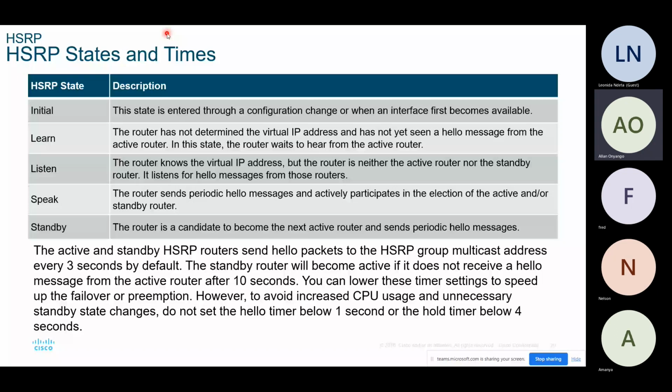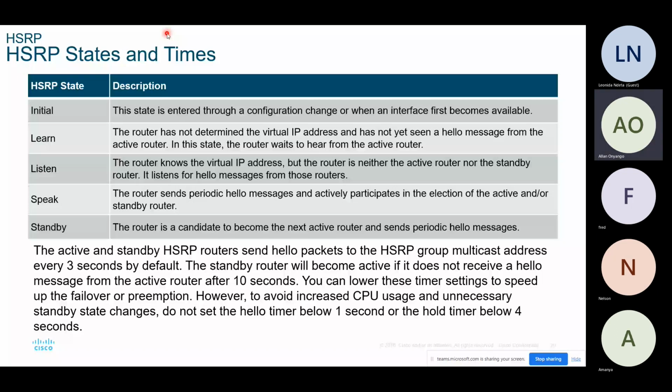The first one is called the initial state. For the initial state, the router enters this stage normally through a configuration or when the interface becomes available. Then, of course, we have the learn state.